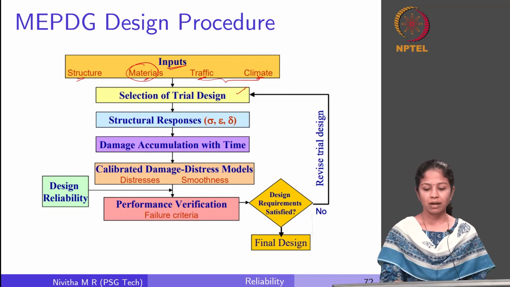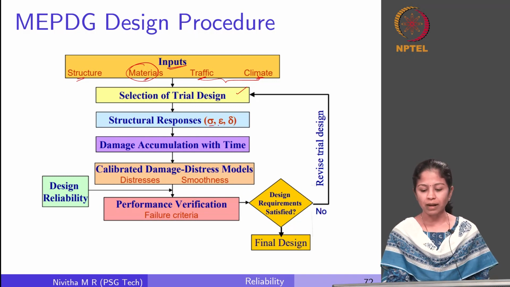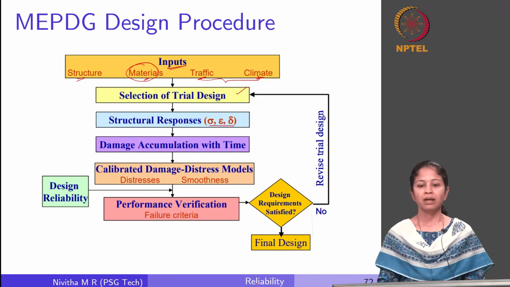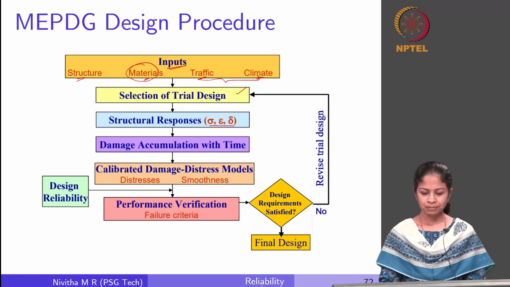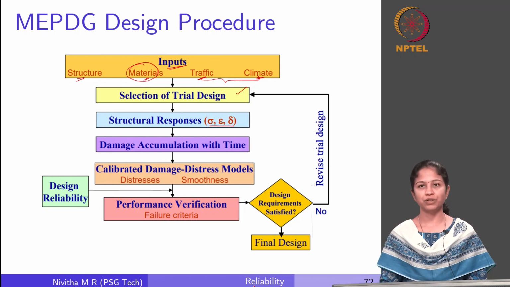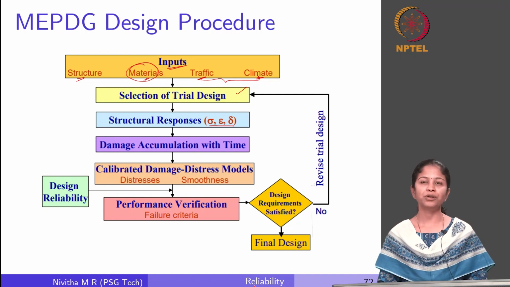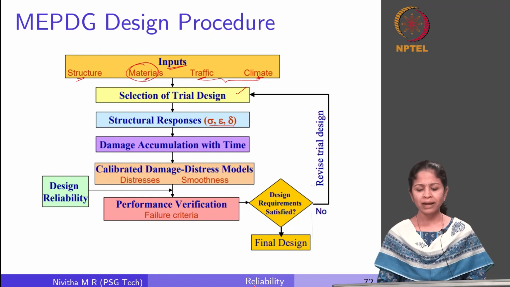So, it starts with selection of a trial design. Then we obtain the structural responses, which is nothing but the stress and strain at critical locations. Again, like the linear layered elastic analysis which is used in IRC 37, this particular design procedure also uses a linear layered elastic analysis, right.